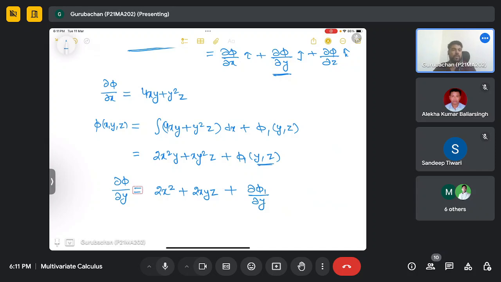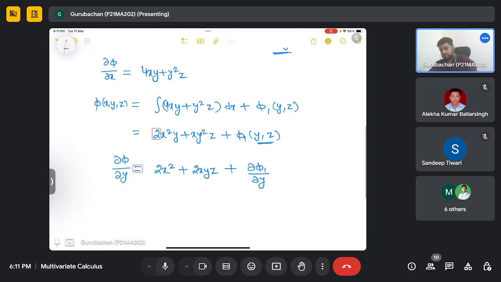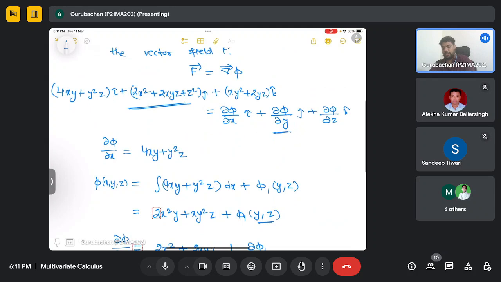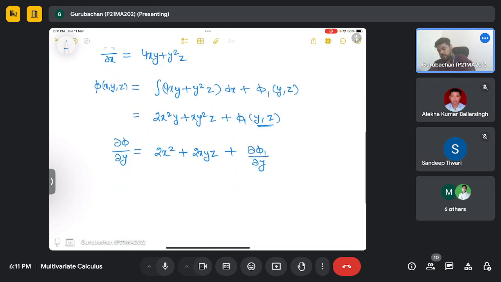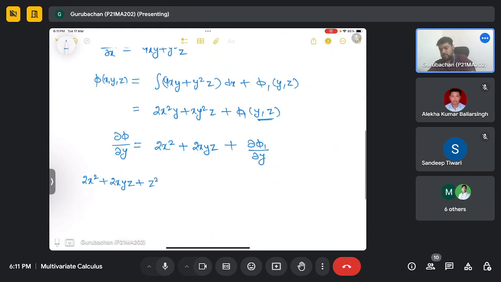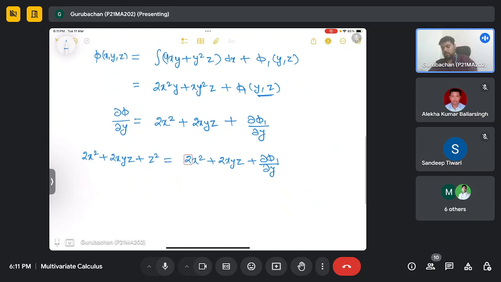The given value of del phi by del y is 2x square plus 2xyz plus z square. Comparing these two quantities, del phi 1 by del y is nothing but z square.